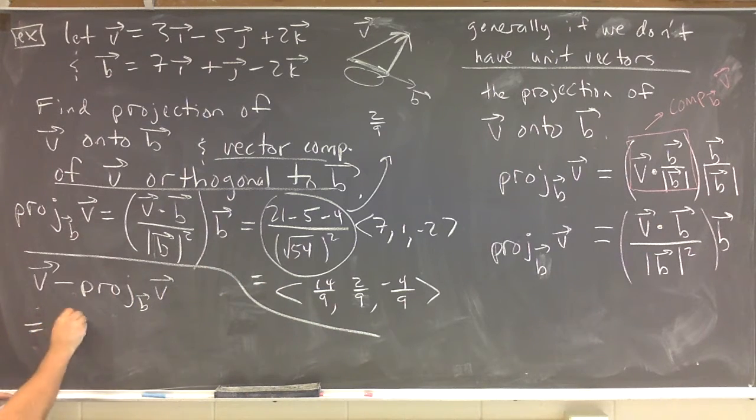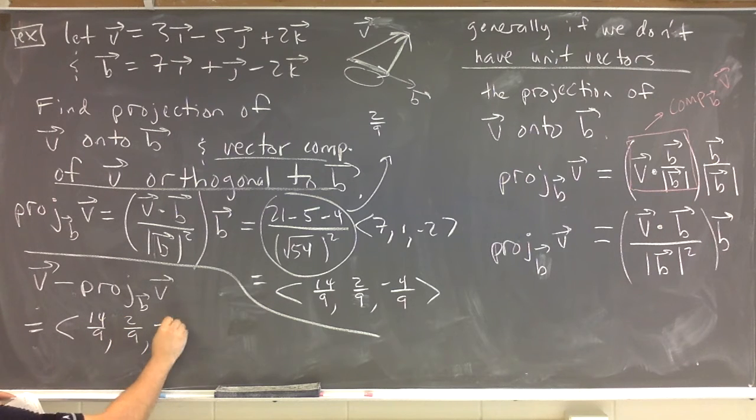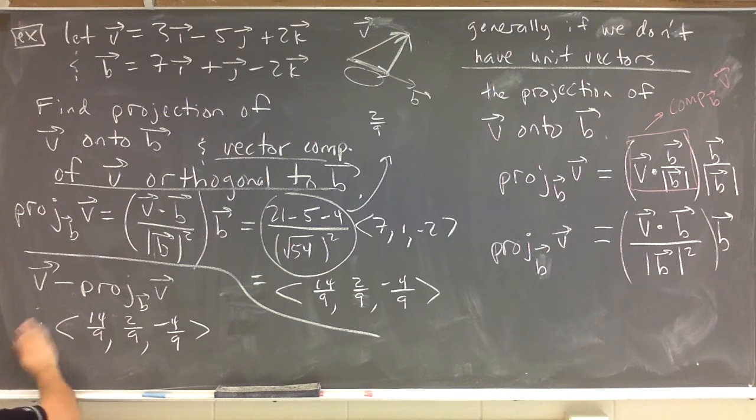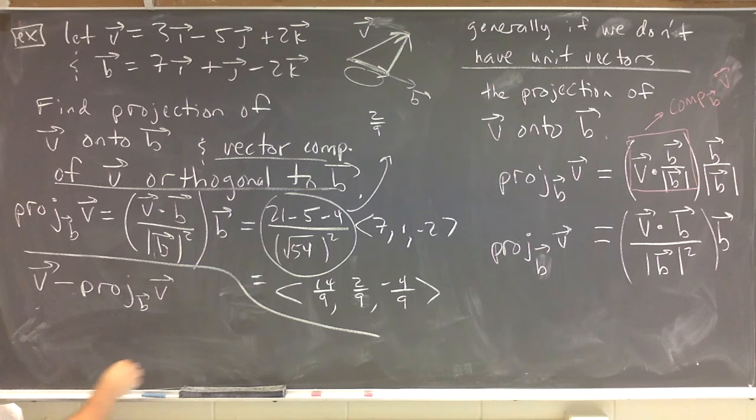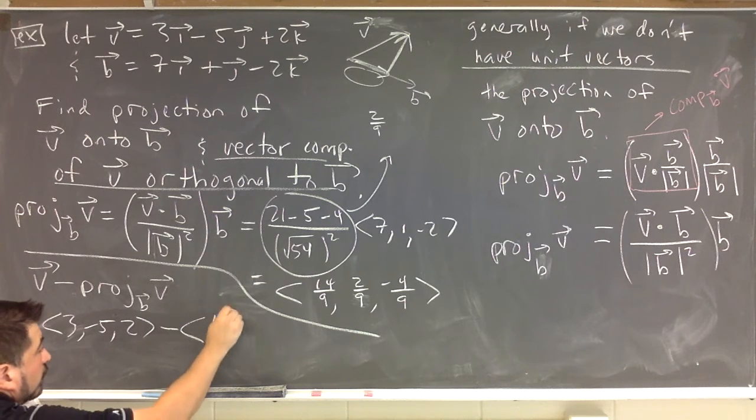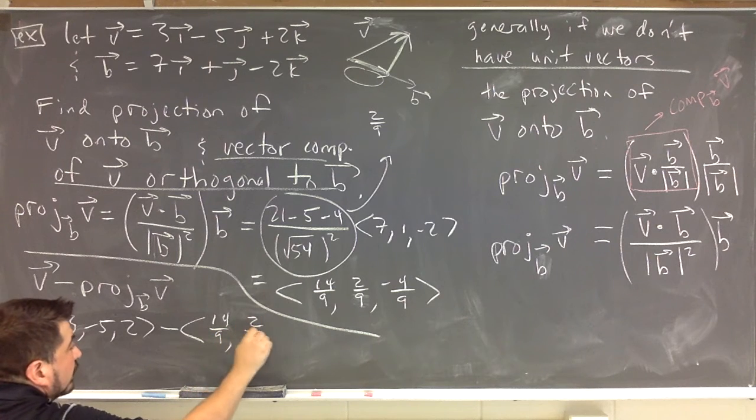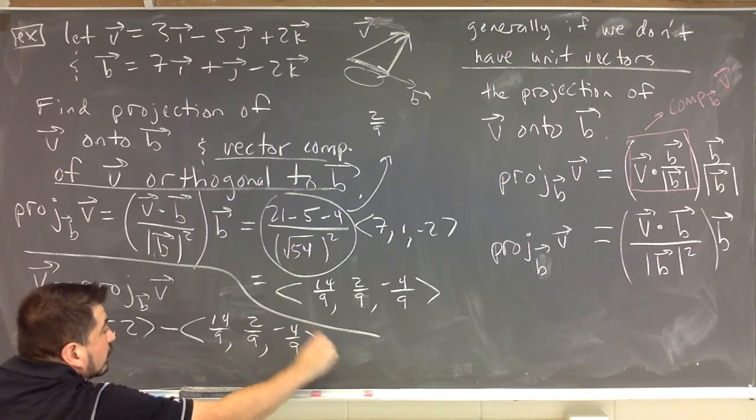And so that's just going to be, skip a step, forgot to write down V. V was 3, negative 5, 2, minus the projection, 14/9, 2/9, negative 4/9.